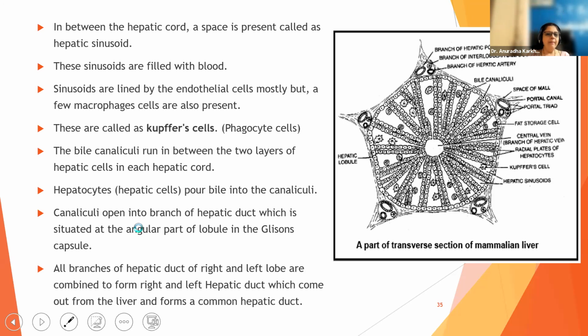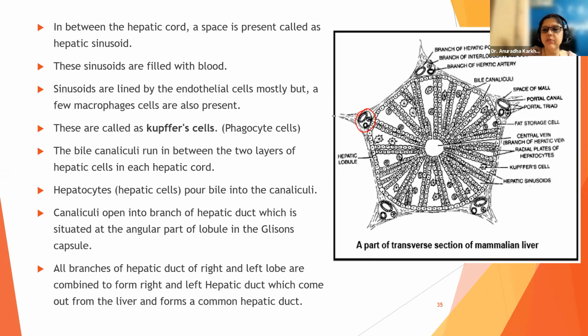Now see, canaliculi open into the branch of hepatic duct, which is situated in the angular part of the lobule in the Glisson's capsule. As you can see, I'll just use my pen. Here you can see the areas where you can very well see the hepatic duct.